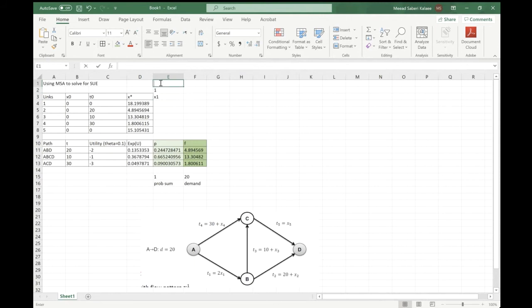Okay, let me call it iteration. That's better. Let me also put it here. It's iteration 1. So it would be, what was the formula? The formula is x0 plus 1 over I. So it's x0 plus 1 over number of iteration, this is the MSA formula, by the way, multiplied by x star minus x0.